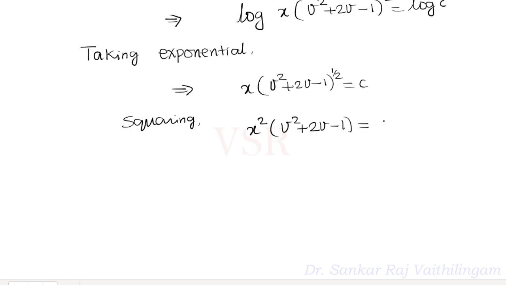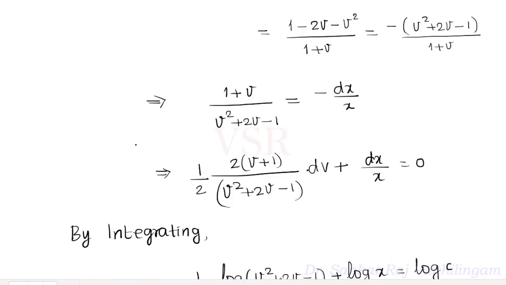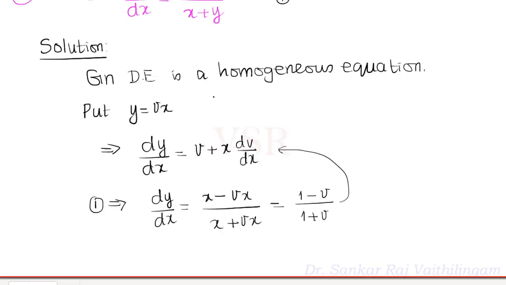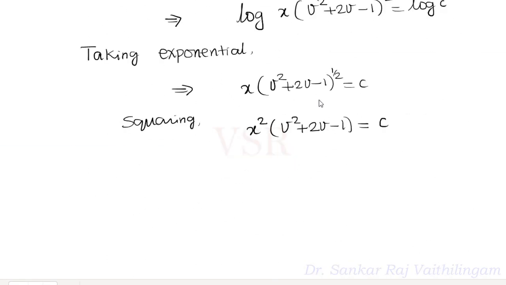c square is a constant, so I keep it like that. Now, v, from the first condition, v is equal to y by x. So where am I going to substitute this? In the equation below. So this implies that x square into y square by x square plus 2y by x minus 1 is equal to c.